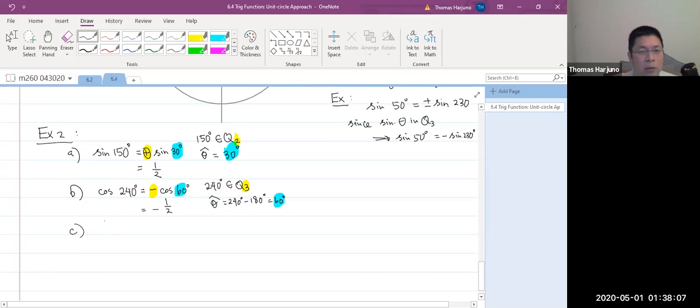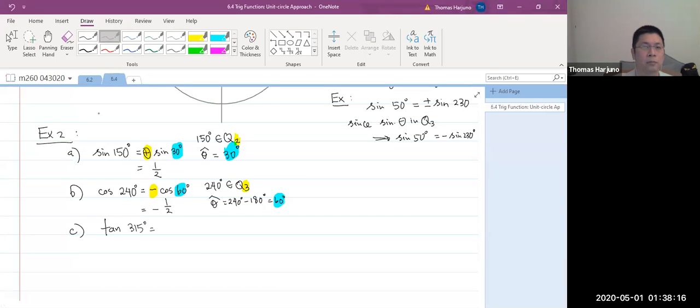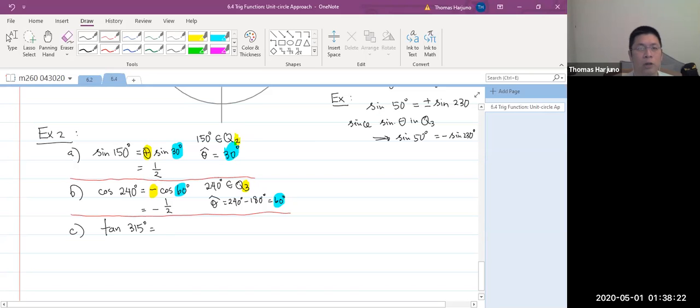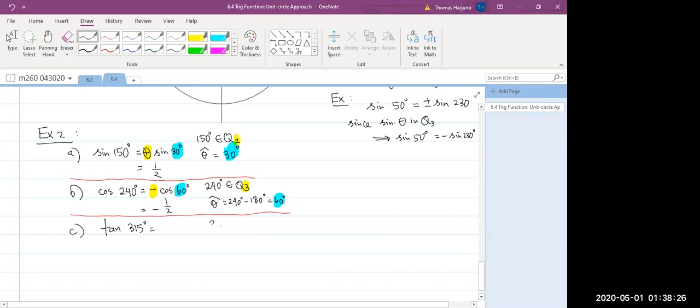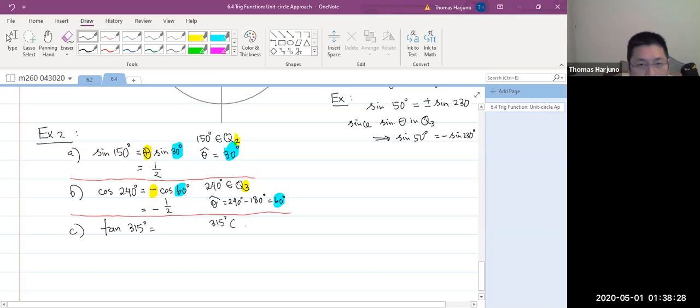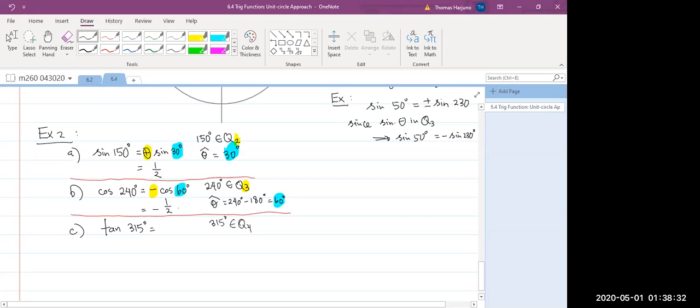How about tangent 315 degrees? Which quadrant? Fourth quadrant. In quadrant 4, tangent is positive or negative?